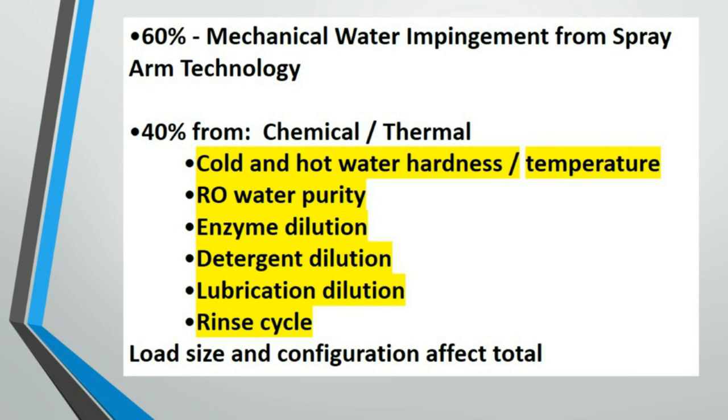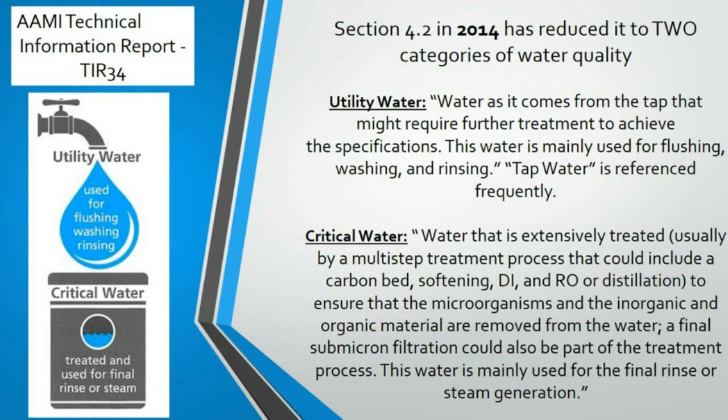As I said, TIR 34 is the AAMI Technical Information Report on water quality. So it goes into defining those terms I've used a couple of times as we've gone through here. So section 4.2 reduces water to two categories, really.